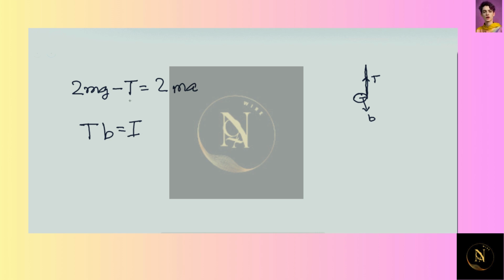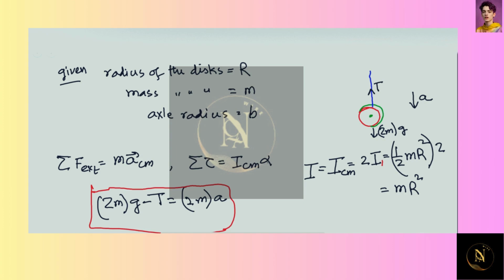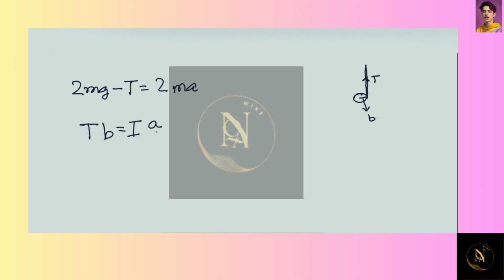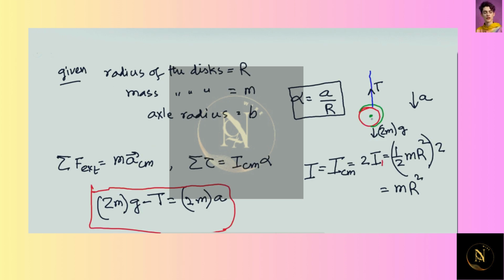So it's I times alpha, and since it's spinning without slipping, alpha will be a by r. Sorry, it's going to be b, because this yo-yo is rotating on the axle.